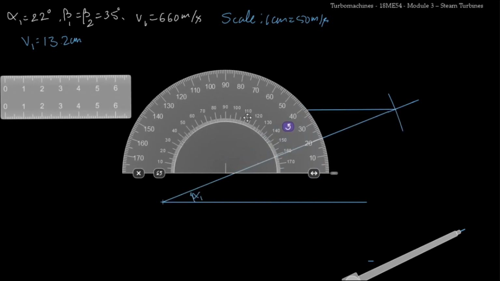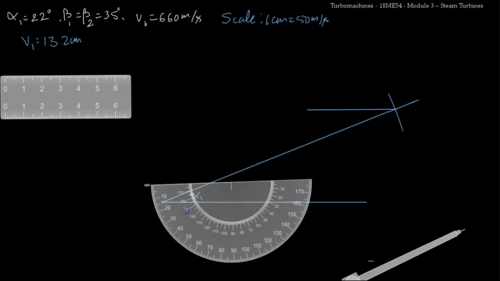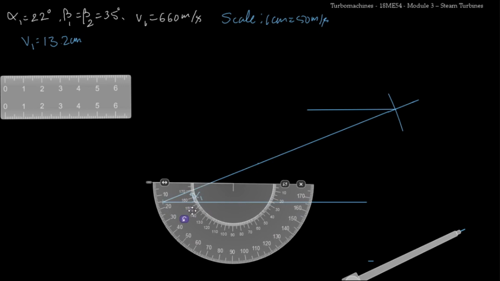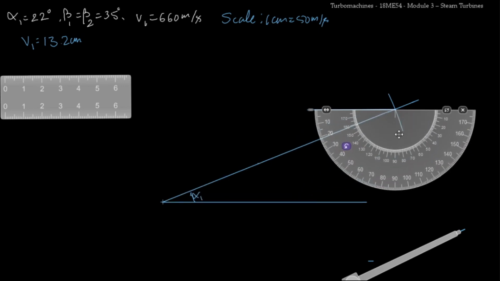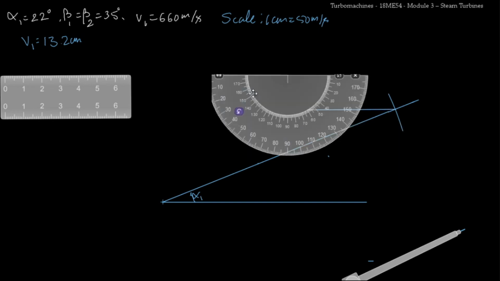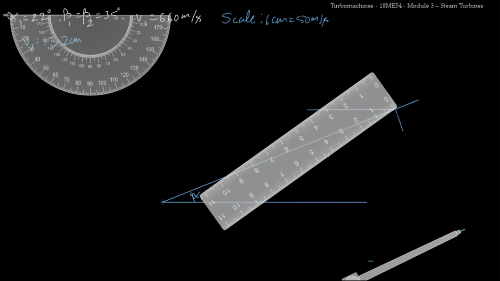Now I'll take the protractor, I'll rotate it by 180 degree. Now I'll place it over this. Then I'll measure 35 degree and I'll mark it here. This is our 35 degree point. I'm using the concept of alternate angles. Now I'll join this.